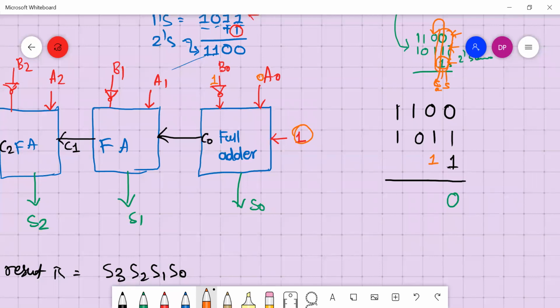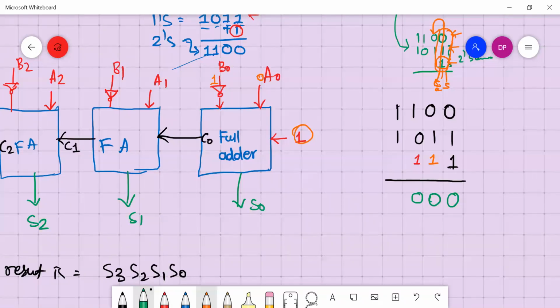Carry is 1. 0 plus 1 plus 1: 0 plus 1 is 1, 1 plus 1 is 2. 2 means this is 0 and the carry is 1. Carry is 1, so 1 plus 0 is 1, 1 plus 1 is 2. 2 means 10, right? So the sum is 0, carry is 1.